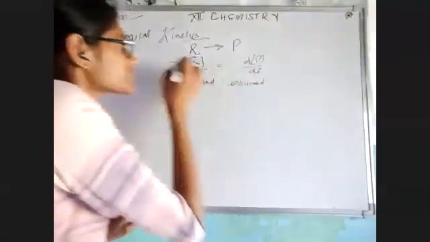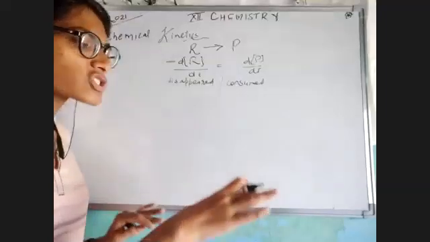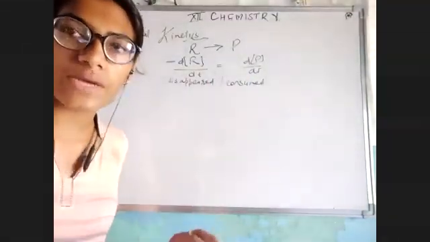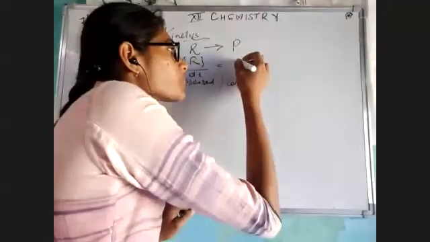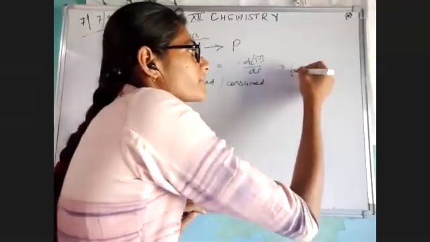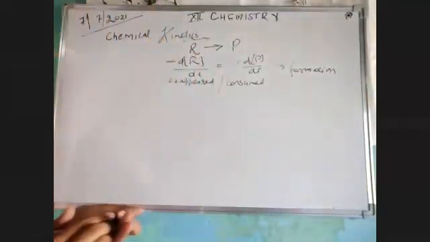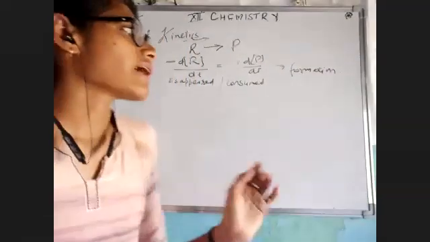So this negative sign suggests that the reactant quantity is getting lower with the change of time, and the product is forming. Now this was all about the previous class.